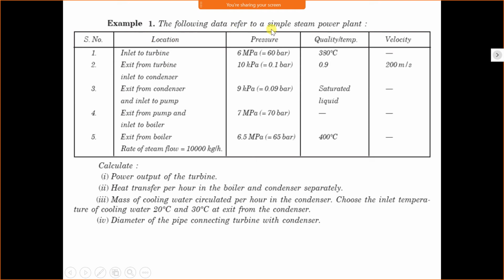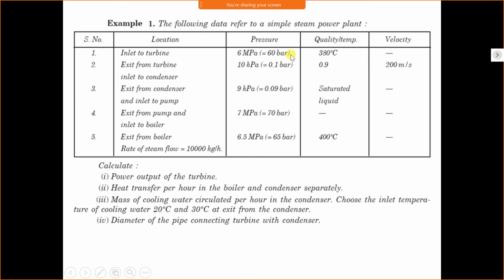The following data refers to a simple steam power plant. The condition of steam at the inlet of the turbine is given, that is 6 megapascal, that is 60 bar, and 380 degrees Celsius.